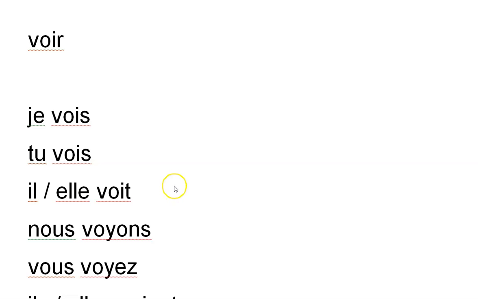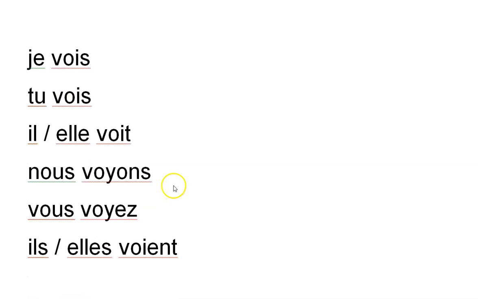So let's take a quick look at the conjugation of the verb voir. Je vois, I see, tu vois, you see, il voit, he sees, elle voit, she sees, nous voyons, we see, vous voyez, you see, ils voient, elles voient, they see.